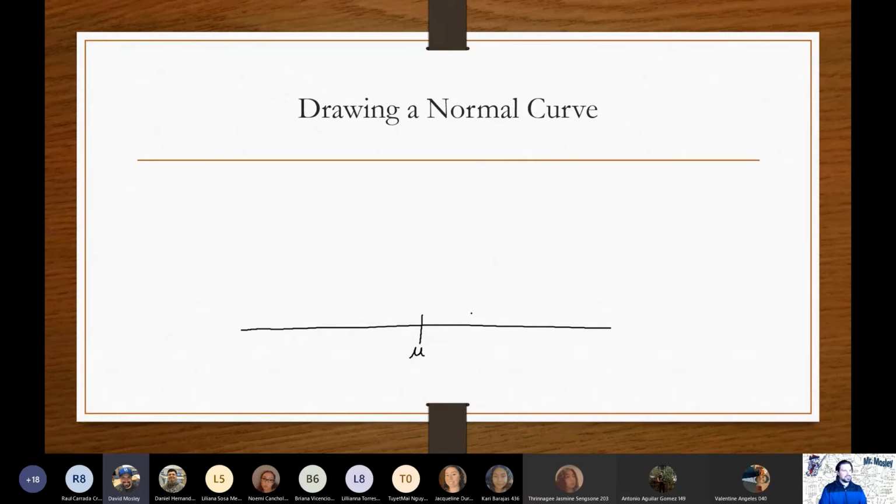We will space them evenly as we can. 3 tick marks to the right, 3 to the left. Seems pretty close.